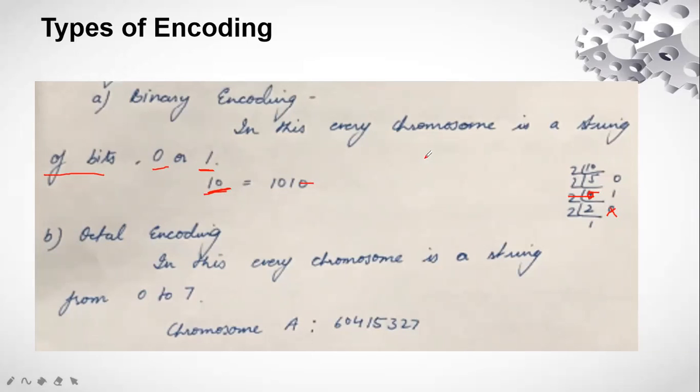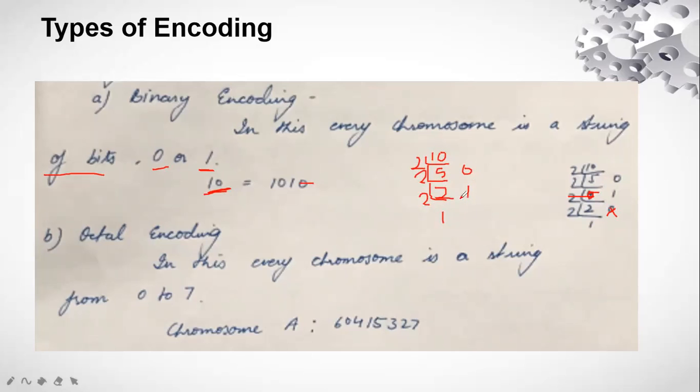Let me check this again. This is 10, right? 2 5s are 10. Then 2 2s are 4, here you get the remainder as 0, here you get the remainder as 1, and again 2 1s are 2.